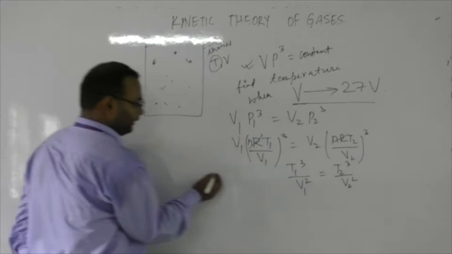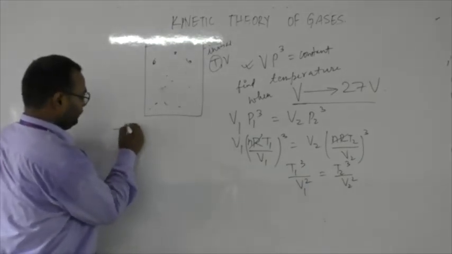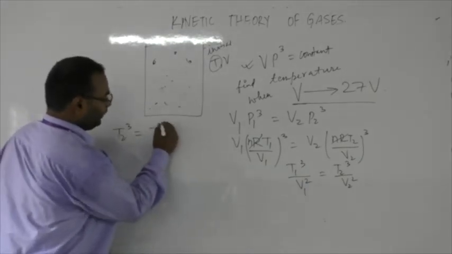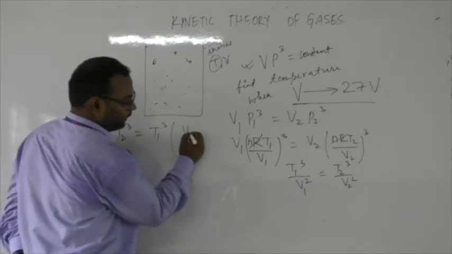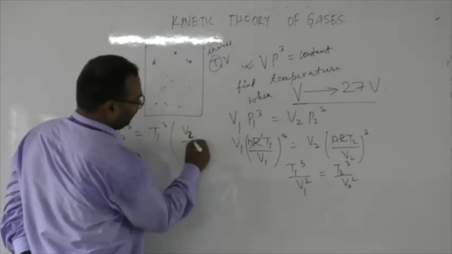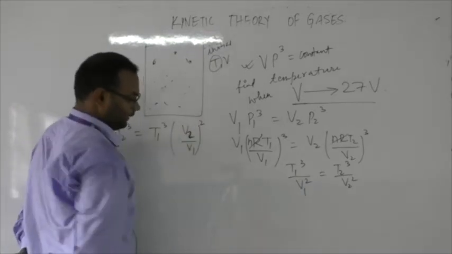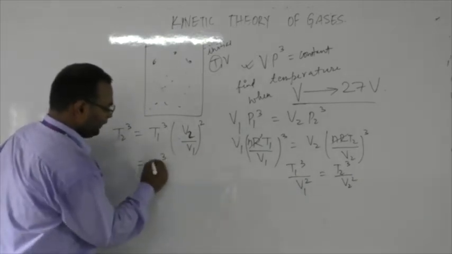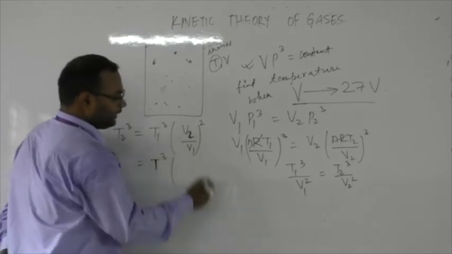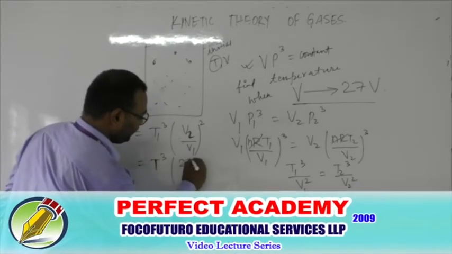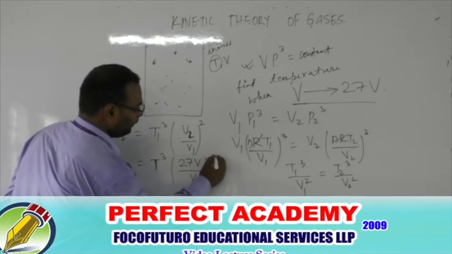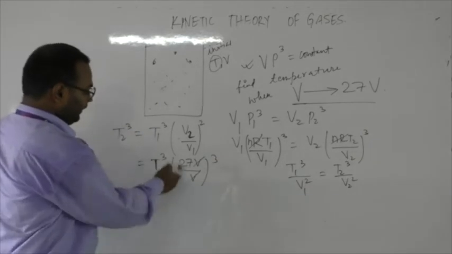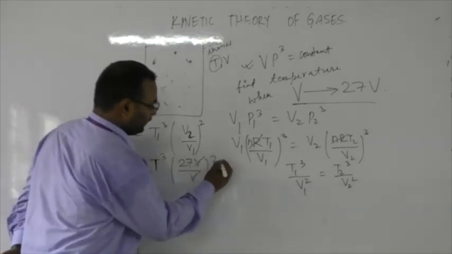So in this equation, T2 cube will be T1 cube times V2 square upon V1 square. That means T cube, because T1 is T, and V2 is 27 V, so (27 V upon V) whole square.